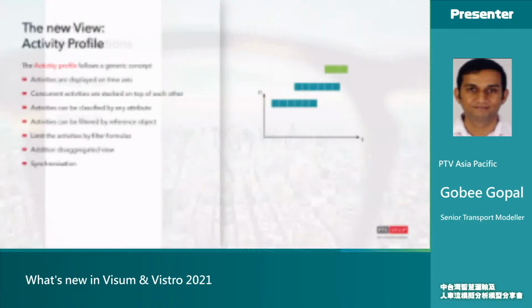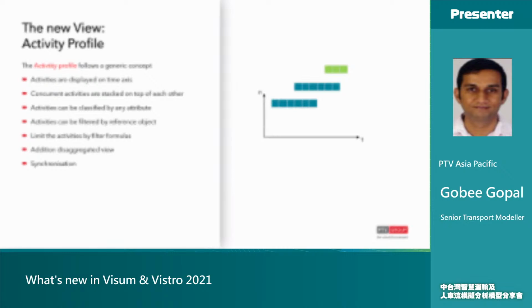As we know, this is part of the demand calculation. Each demand calculation has an activity profile. Previously the activity profile could only be viewed in table format. Now we can see it in a more graphical format.